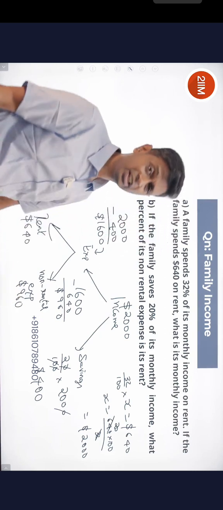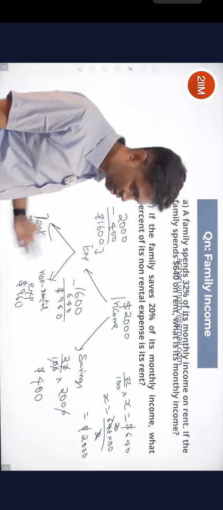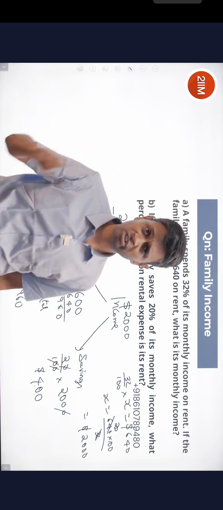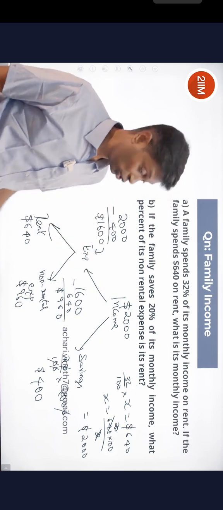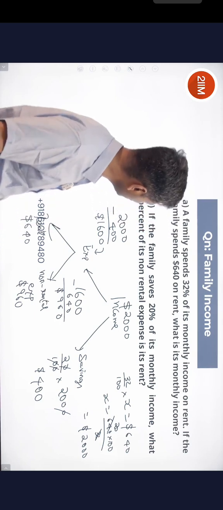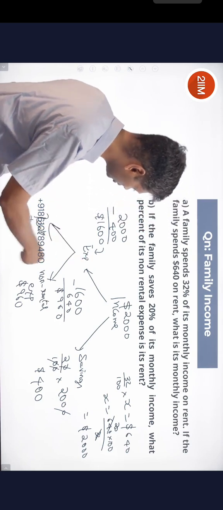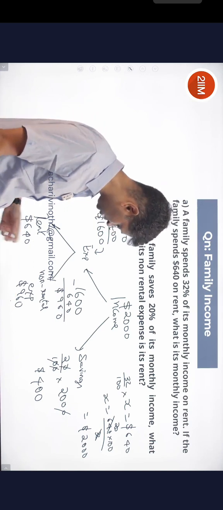Now we have found out everything that we want to find out. Income, yeah, in the bag. Rent, already given. Savings, yes, we found it out. Expense, yeah, we did income minus savings. Non-rental expense, yeah, we've got that also. Now, what percentage of its non-rental expense is its rent? What percentage of this number is this number?